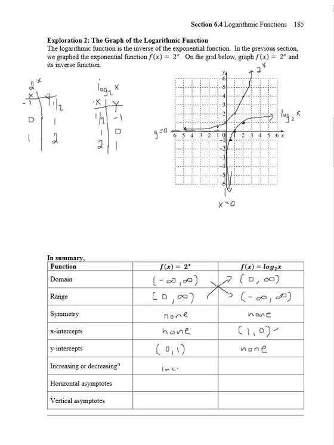Okay, both functions are increasing. Two to the x has the horizontal asymptote y equals 0. Log base 2 of x does not have one. Similarly, 2 to the x does not have a vertical asymptote, but log base 2 of x does have a vertical asymptote at x equals 0.